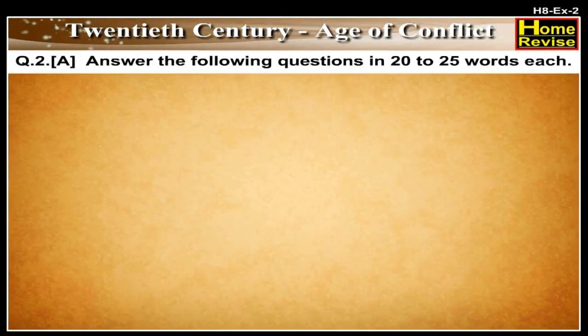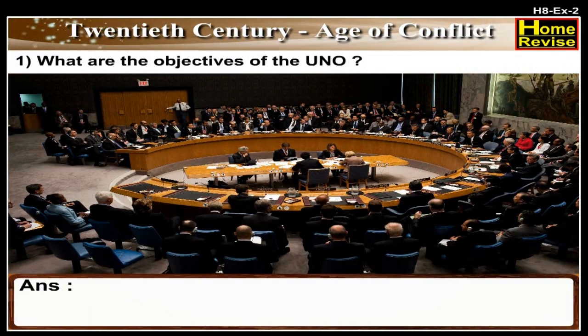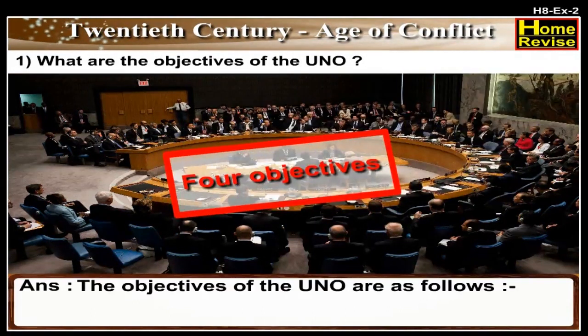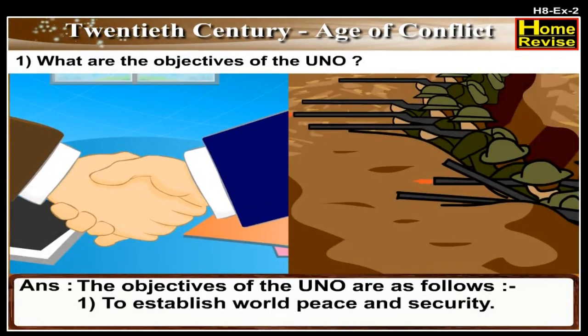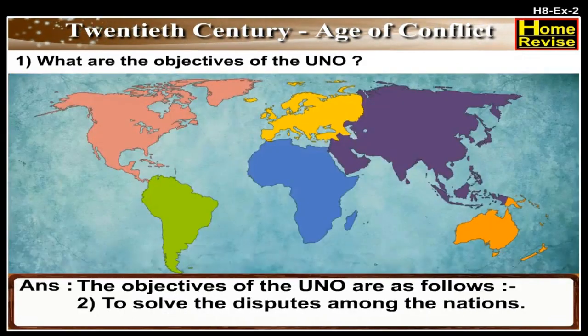Question 2. Answer the following questions in 20 to 25 words each. 1. What are the objectives of the UNO? Answer: the objectives of the UNO are as follows. 1. To establish world peace and security. 2.